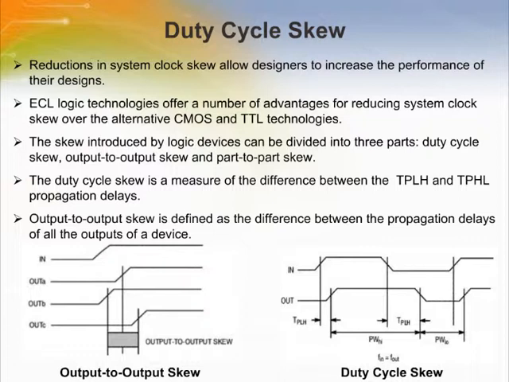ECL logic technologies offer a number of advantages for reducing system clock skew over the alternative CMOS and TTL technologies. ECL devices provide superior performance in all three areas of skew over their TTL or CMOS competitors.